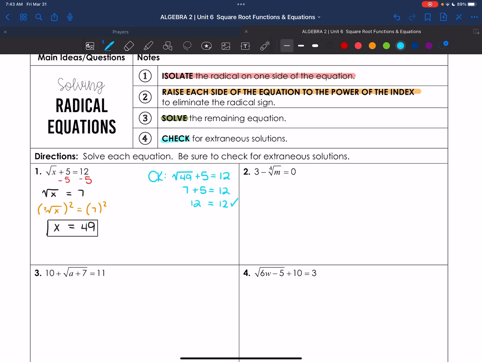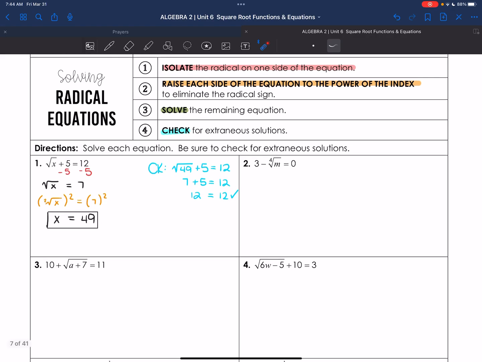So this checks out. Everything looks really good. Always check, because if you get something that is a false statement, then that is called an extraneous solution. It's a value that we found algebraically that actually is not one of our solutions.